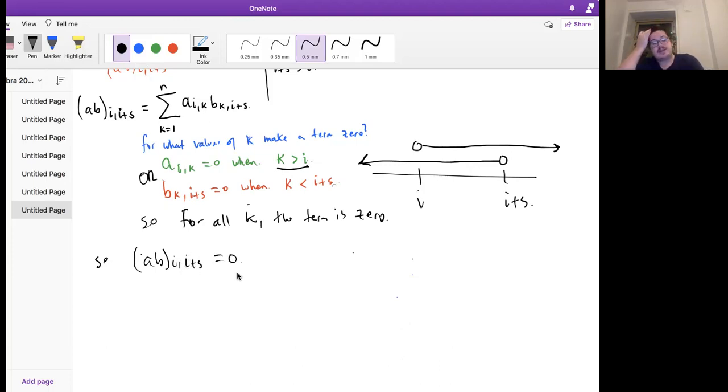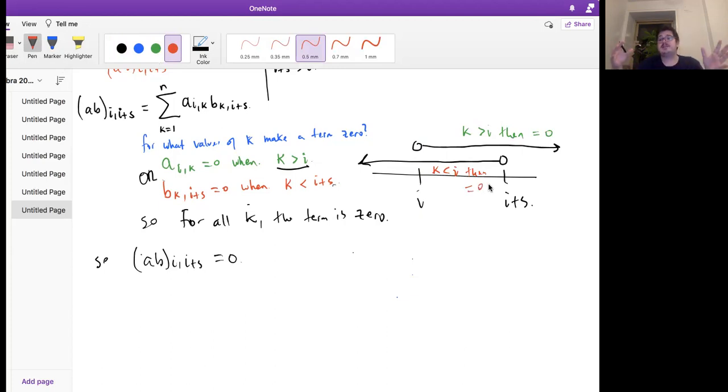My apologies. The i less than k less than i plus s was not correct, since that would be treating it as an and statement. Let me think of this number line here. This implies k greater than i, then equal to 0. And this implies k less than i, then equals 0.